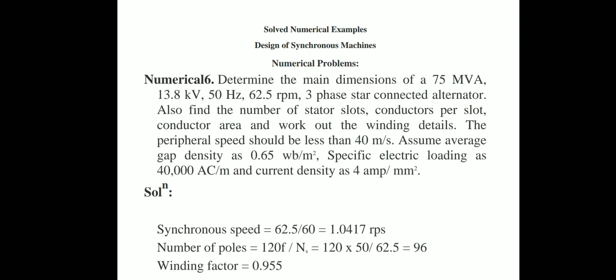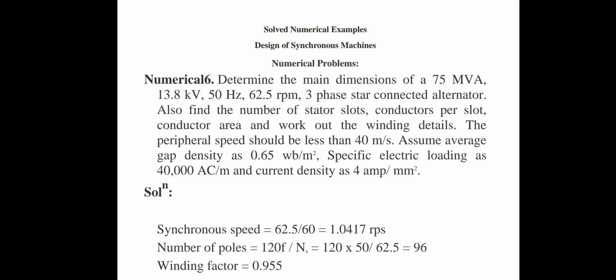The numerical on the screen is: determine the main dimensions of a 75 MVA, 13.8 kV, 50 Hz, 62.5 rpm, 3-phase star connected alternator. Also find the number of stator slots, conductors per slot, conductor area, and work out the winding details.